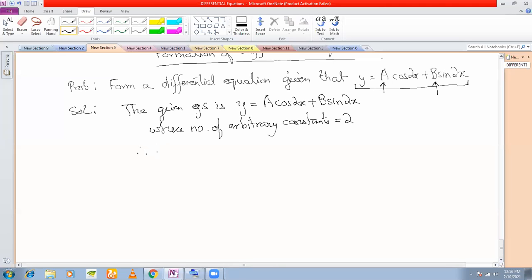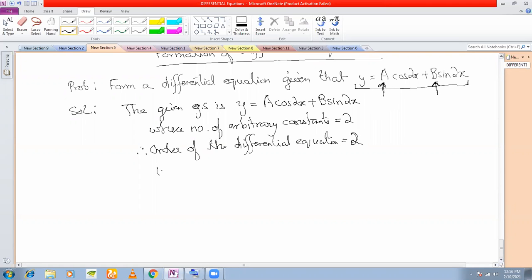So therefore, what should be the order of the differential equation? The order of the differential equation must be 2 also, right? Now see, the number of arbitrary constants will give you an idea of the order of the differential equation. Here the number of arbitrary constants is 2. Therefore, the order of the differential equation must be 2.